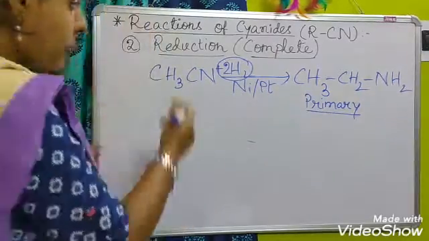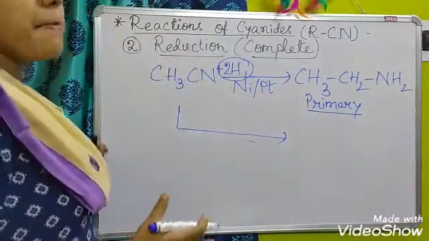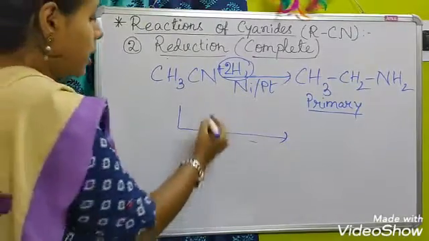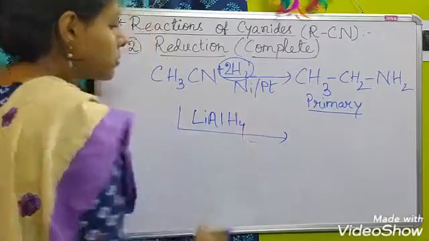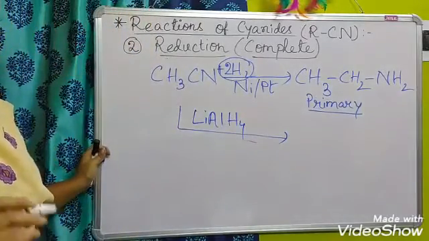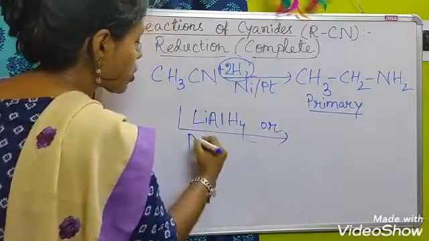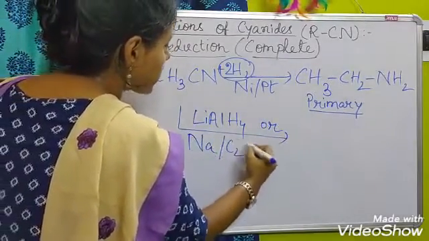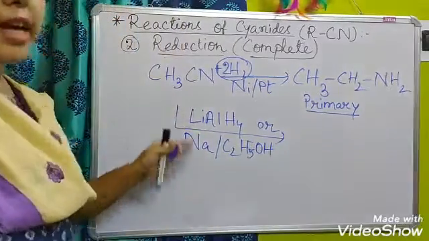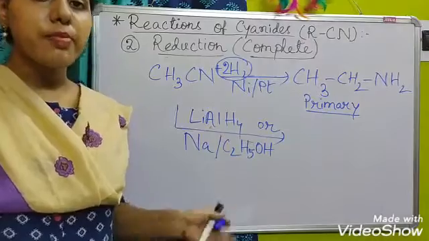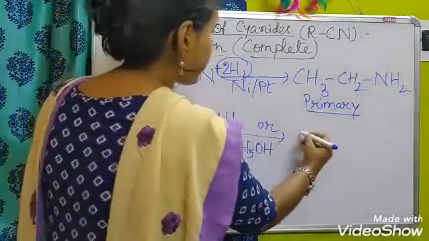Okay. Now the same reaction we can do by using the other two reagents. First one, lithium aluminium hydride, LiAlH4, or also we can use sodium in presence of ethanol. So both of them will do the same action. So there will be the addition of 2 hydrogen molecules.